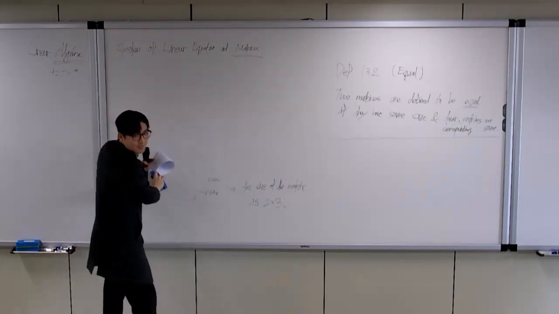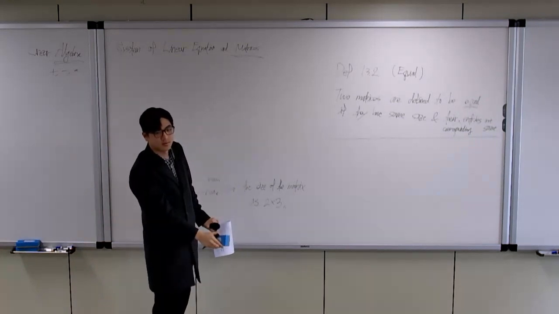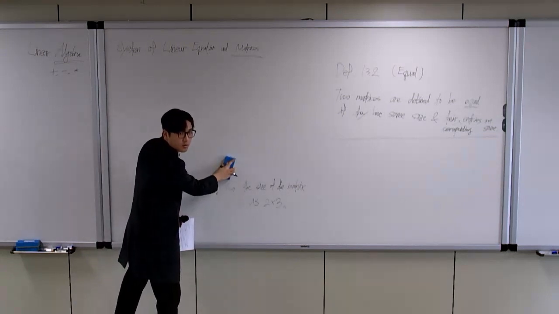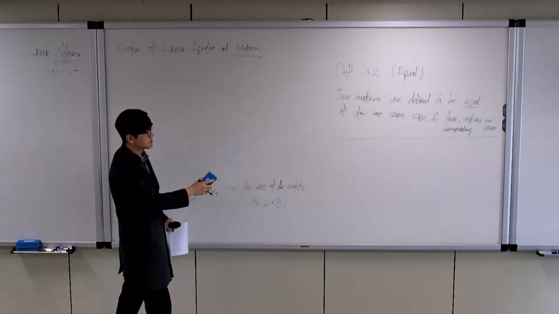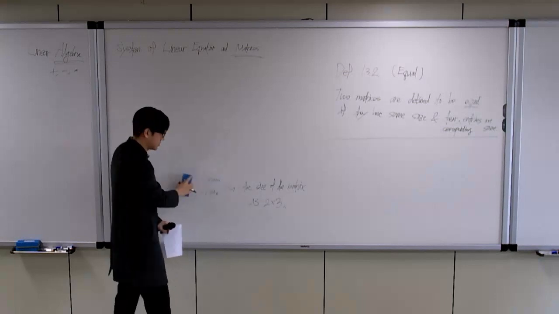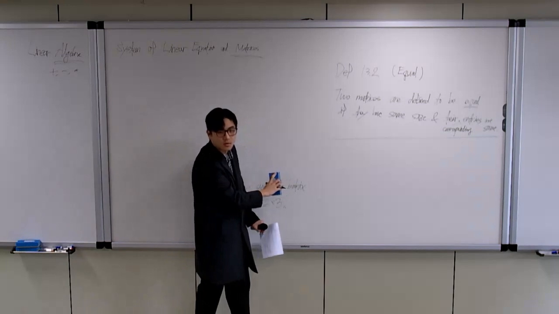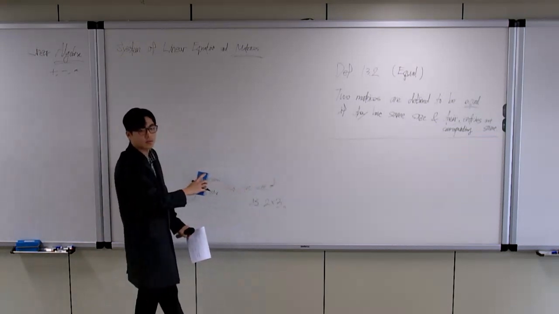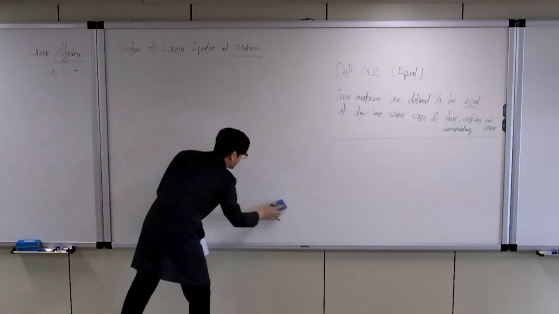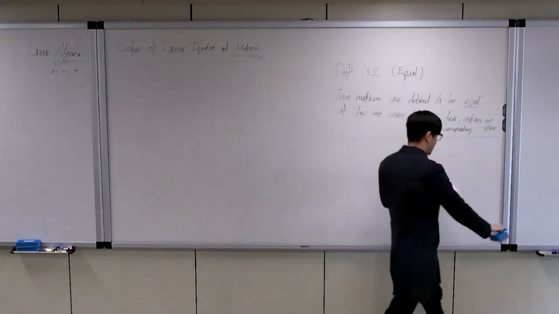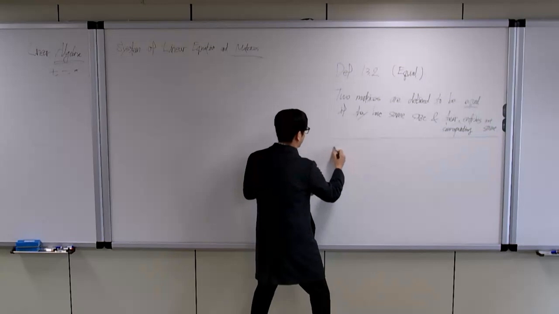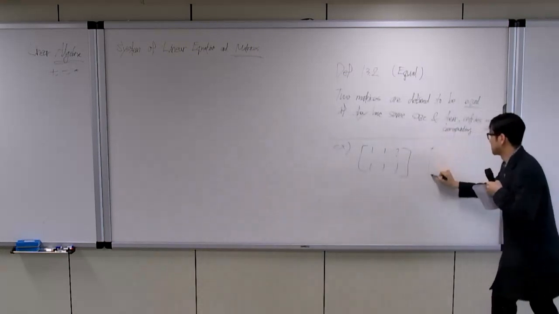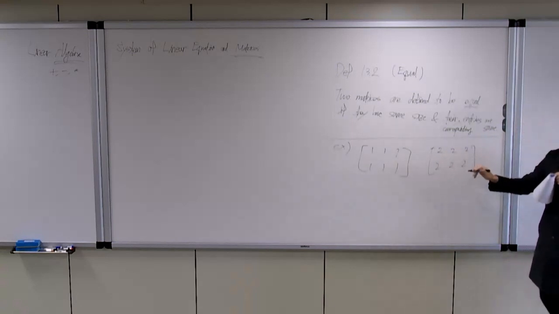If one matrix is 1, 1, 1, 1, 1, 1, and another matrix is 2, 2, 2, 2, 2, 2, then it is not equal.